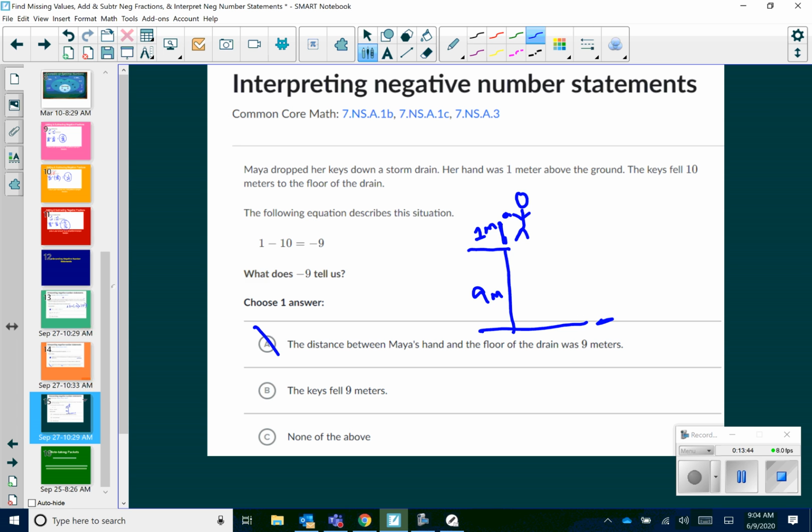It can't be that one because they told us they fell 10 meters. The keys fell 9 meters. Well, we know that's not true because it tells us right here that the keys fell 10 meters. So in this case, the answer would be C, none of the above. Negative 9 would represent how far below the ground the floor of the storm drain was.